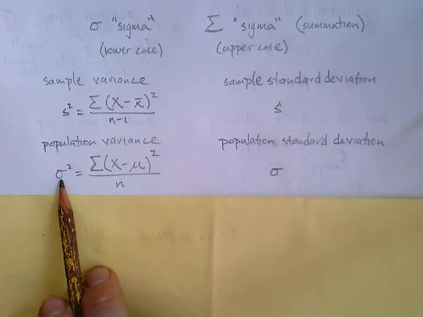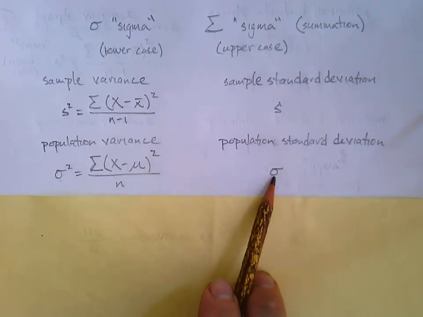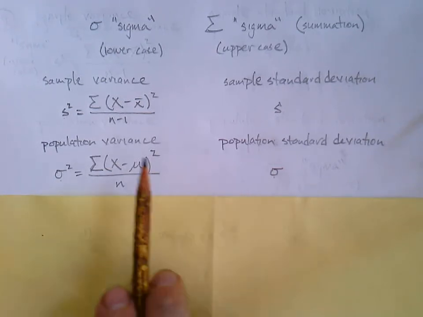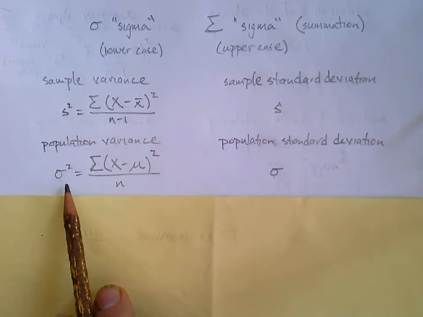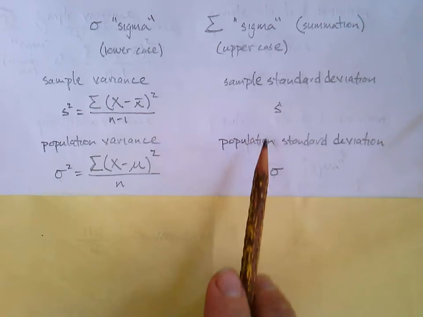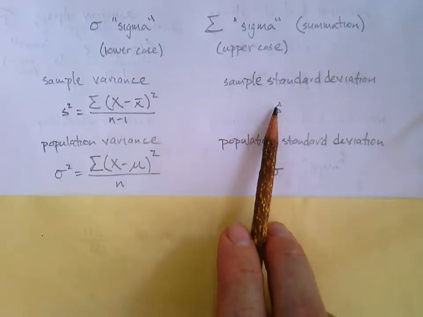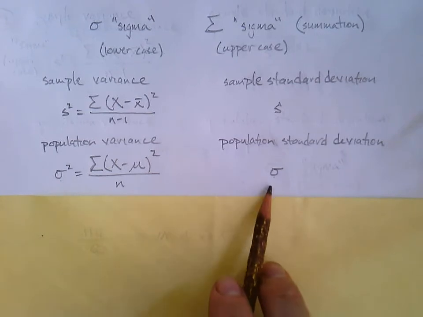So once we have the value for sigma squared, to get the standard deviation, we'll take the square root and it's just sigma. Even the notation for S squared and sigma squared lends itself to it: it's really the standard deviation that we're after. I want to know S, the sample standard deviation, or I want to know sigma, the population standard deviation.